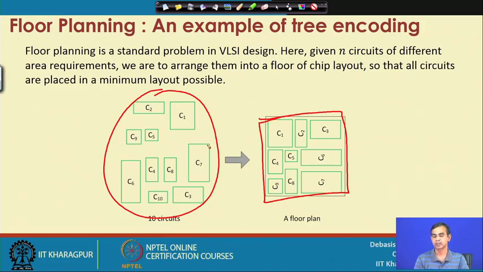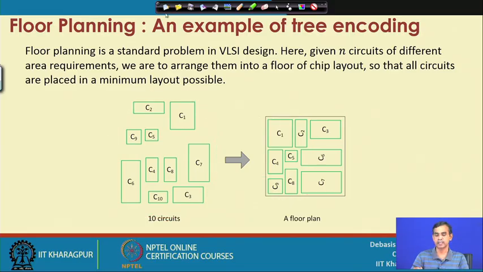So, the layout of the floor needs to be decided by placing all the blocks into that floor so that it takes the minimum area or something else. This is one example called floor planning, and we will see exactly how the tree encoding can be applied to solve this kind of problem.